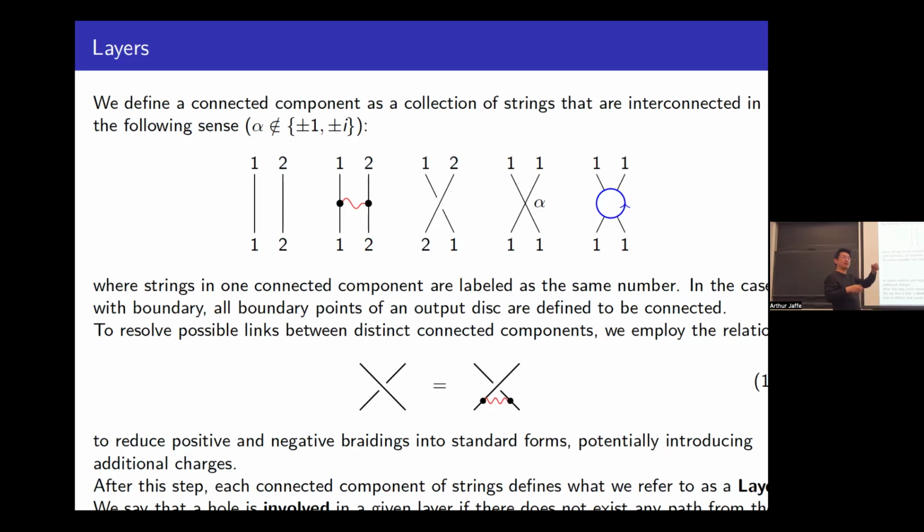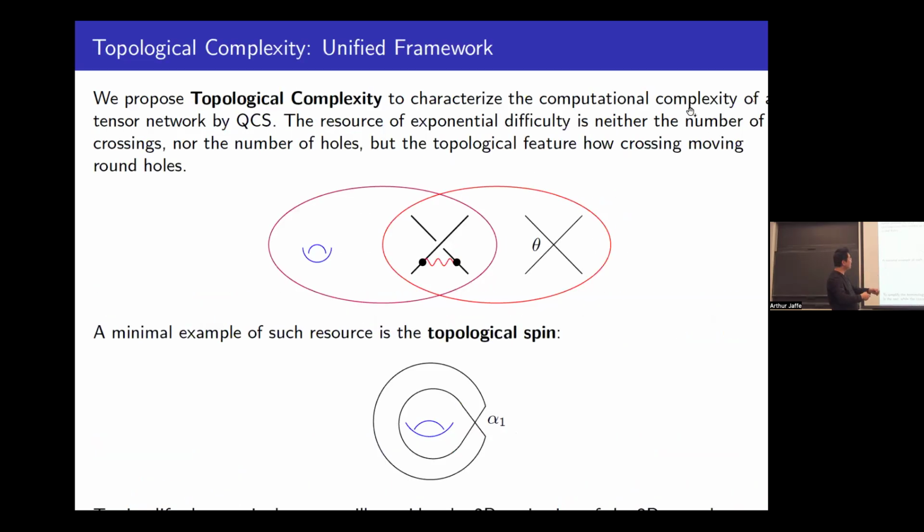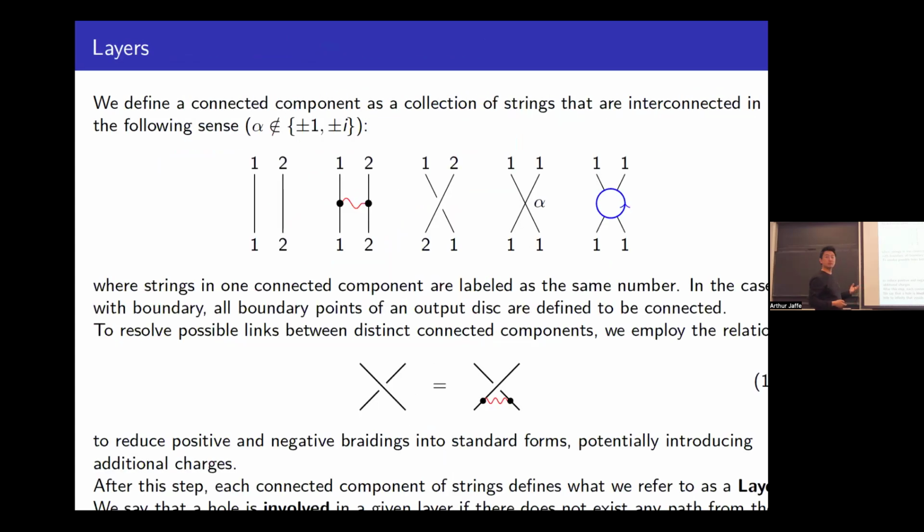So no matter how complicated the diagram is, we can shrink everything surrounding the hole to this topological spin picture, to the two layers. The reason is very simple, because this vector space in TQFT is two-dimensional. Everything reduces to that. So that's one global simplification surrounding the hole.